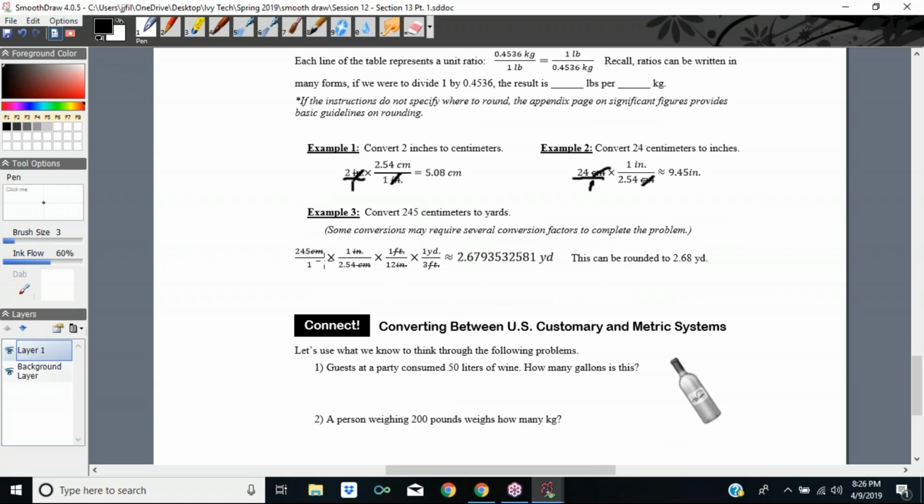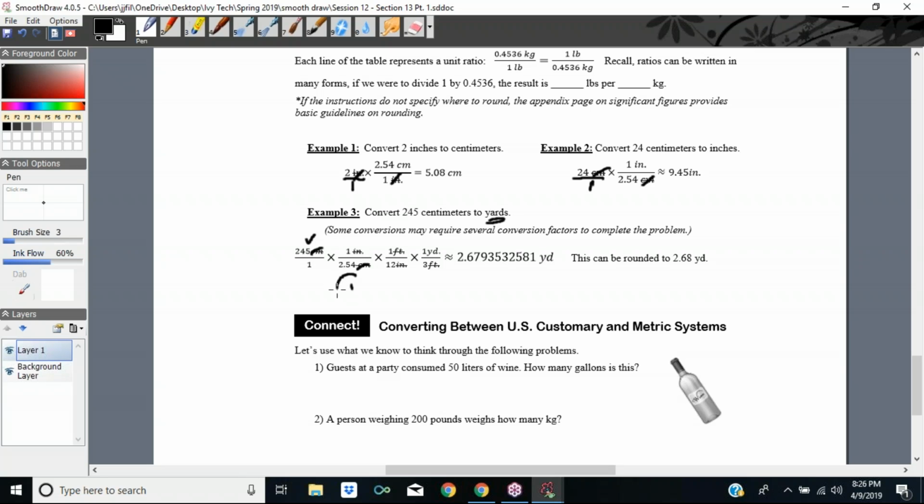And then example 3 shows several conversions. It looks like we're going from centimeters to yards. So we start with 245 centimeters over 1. So we're going to change centimeters into inches because this is a customary unit. We don't have a conversion from centimeters into yards. So we're going to convert from centimeters into inches first.